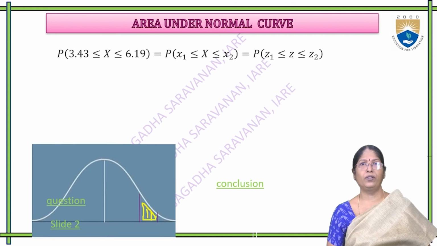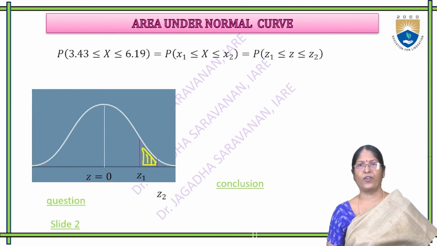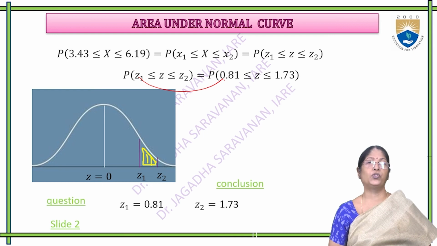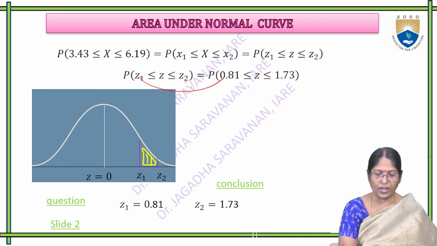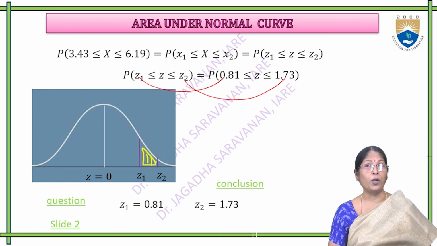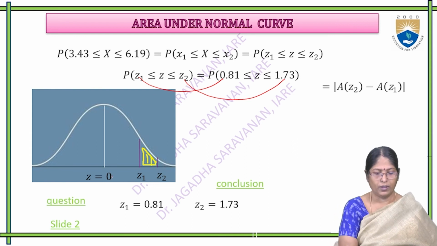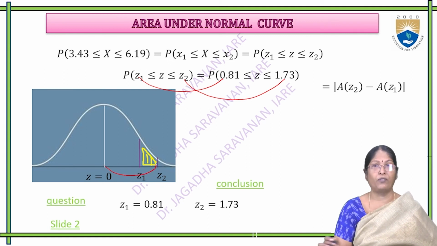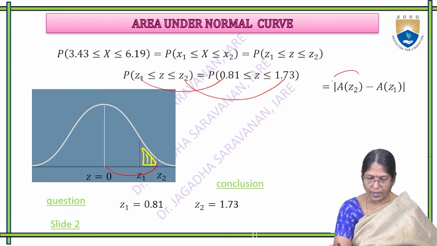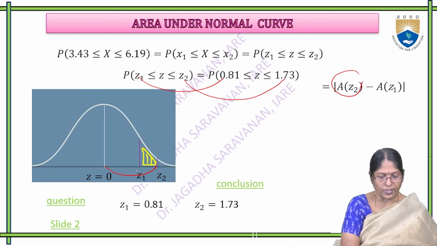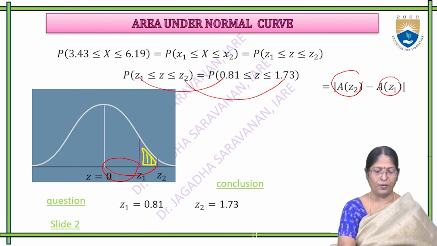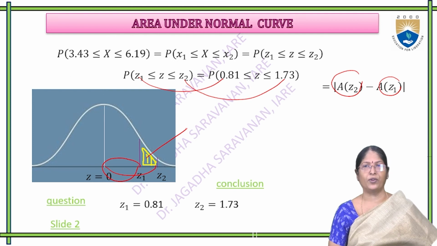So now the question is there. This is the fair diagram. That is Z1, which we replaced by 0.81, and Z2, which we replaced by 1.73. This shaded part we needed. So up to here, first we calculate the area of Z2, then we subtract the area of Z1, and then we obtain the shaded region.